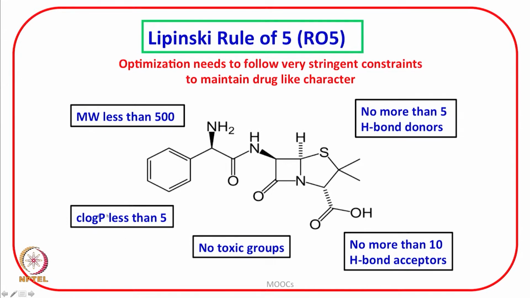Now, this log P, P is partition coefficient. C log P or log P actually tells about the hydrophobicity of a molecule, because P is the partition coefficient between octanol and water.